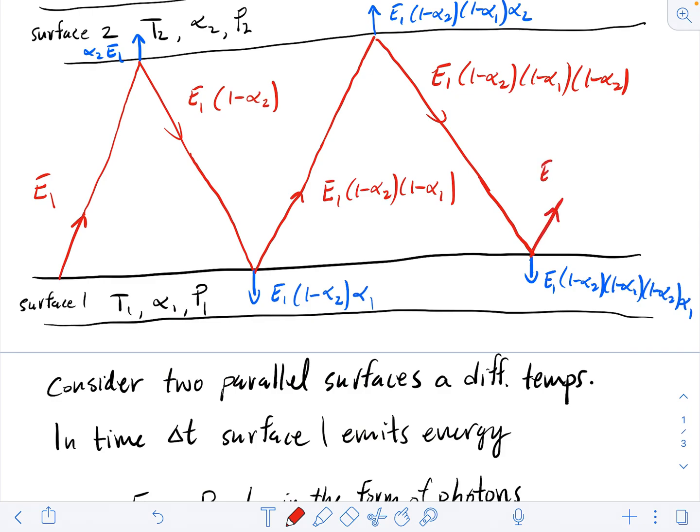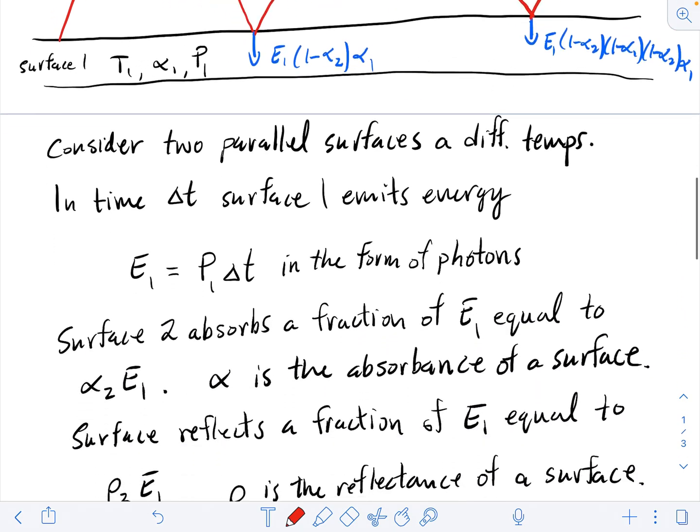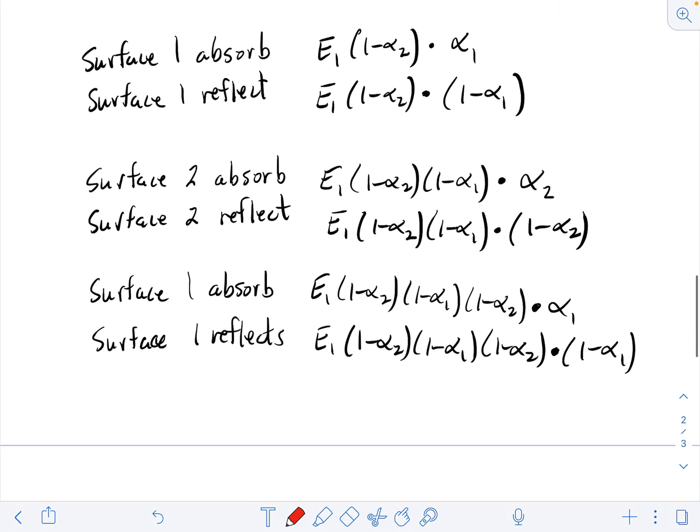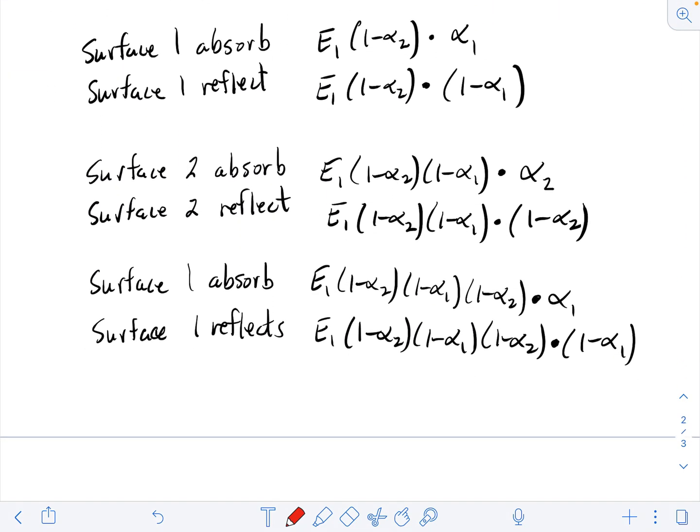And then there's a reflection. That's E1(1 minus alpha 2)(1 minus alpha 1)(1 minus alpha 2) times (1 minus alpha 1). All right. And so I'm going to stop drawing these and writing down these terms, but this just keeps going on and on indefinitely.